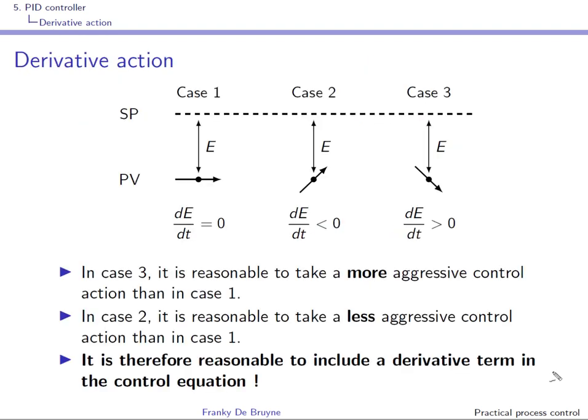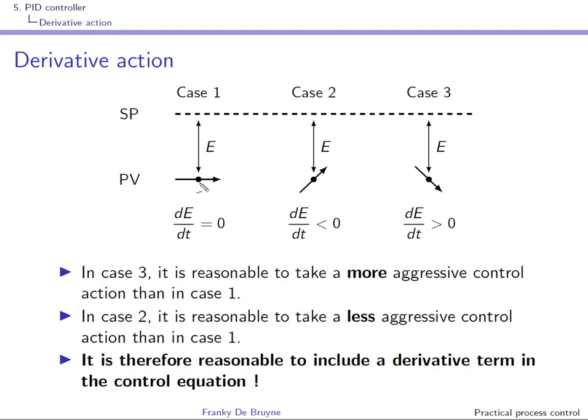In this slide we give some motivation for derivative action, and we compare three cases. In these three cases the set point is exactly the same, and it is represented by this dashed line.